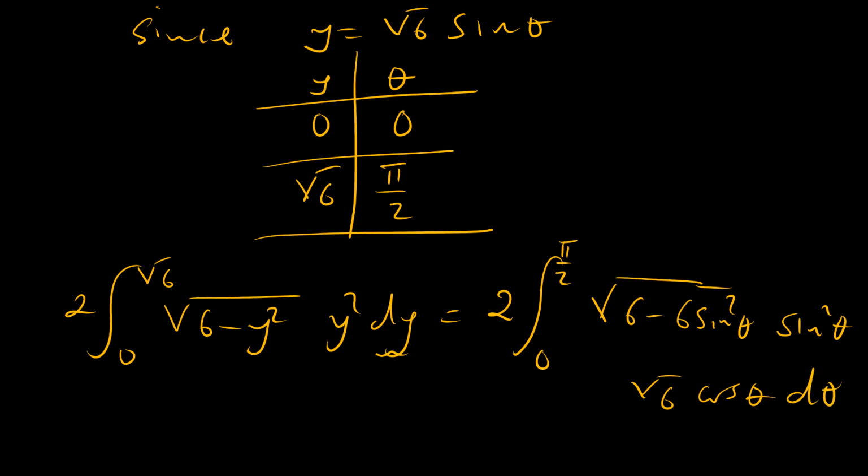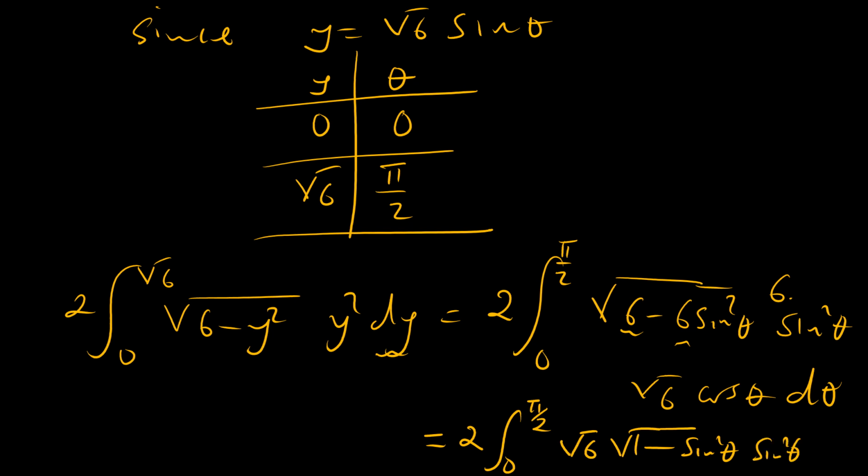Oh sorry, we have another 6 here. Okay, so this becomes 2 times the integral from 0 to pi over 2. Pull the root 6 out, so we have square root of 6 times the square root of 1 minus sine squared theta, another root 6, and then cos theta d theta.